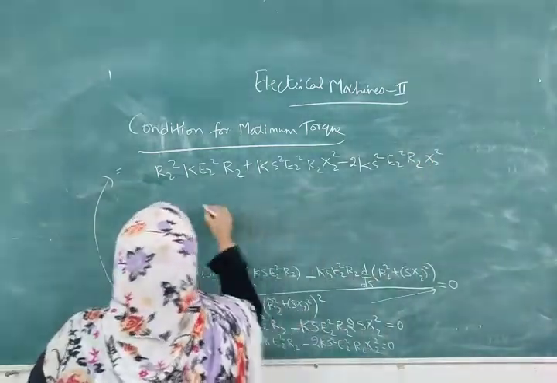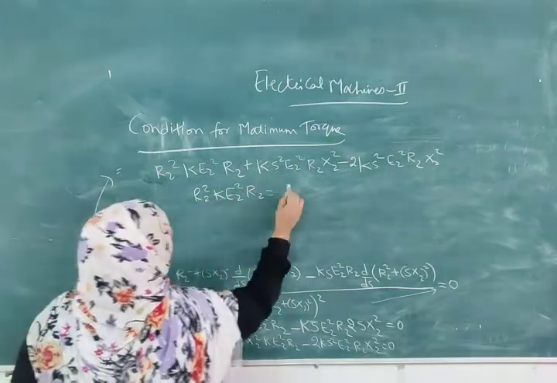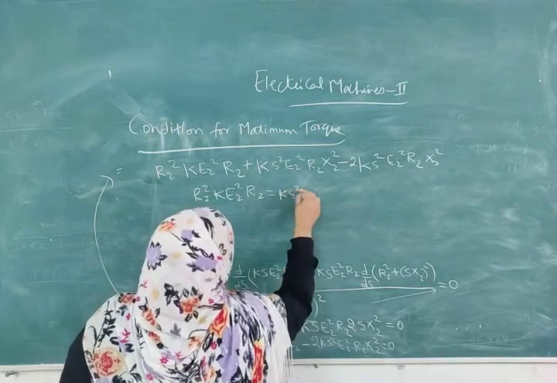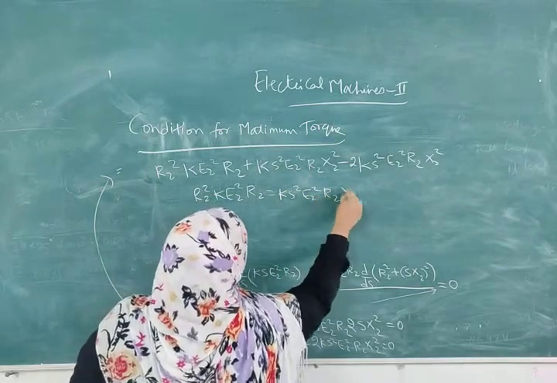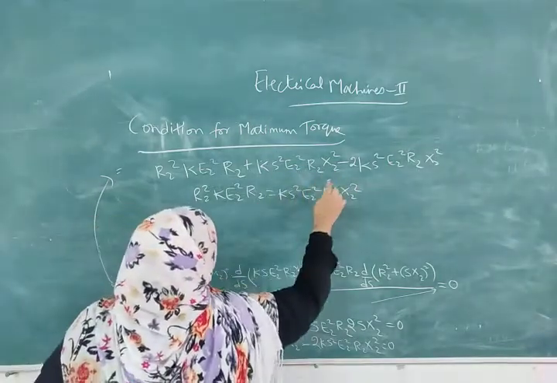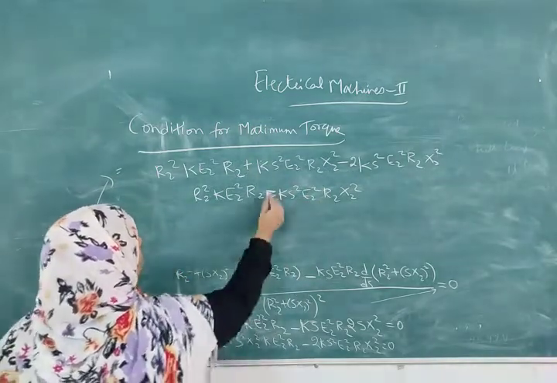So this will be R2 square K E2 square R2 equal to what? K s square E2 square R2 x2 square. 1 minus 2 will be what? Minus 1. So when I take it as equal to, this will go to the right hand side and becomes plus.